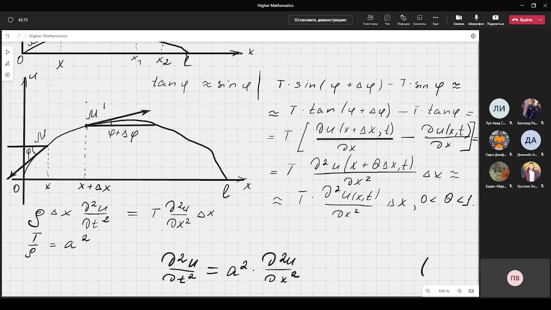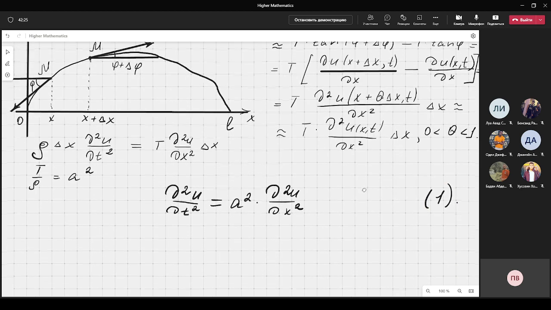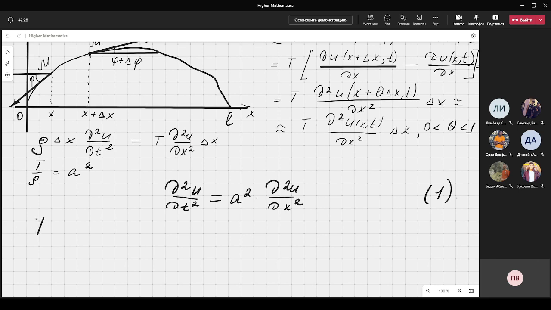The equation 1. This is the wave equation, the equation of vibration of a string.